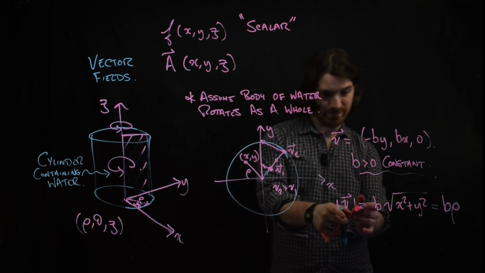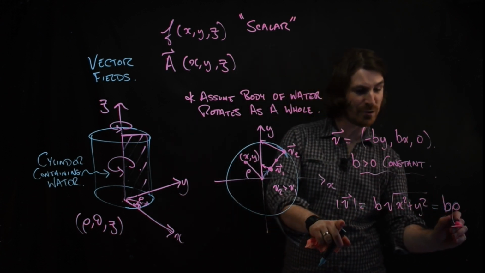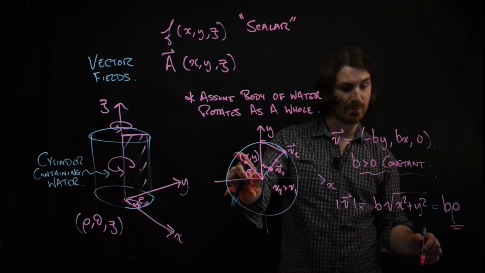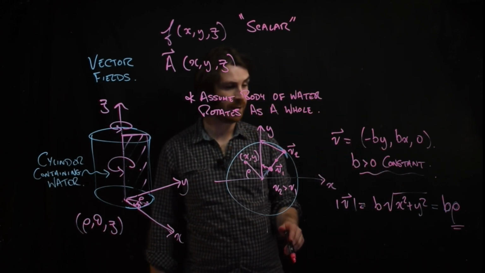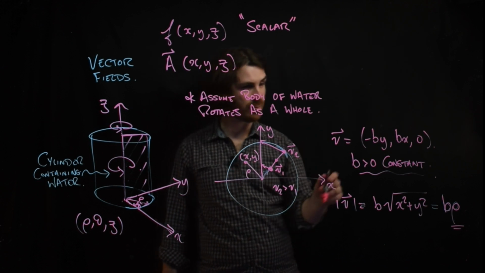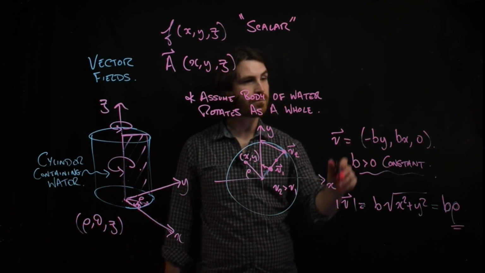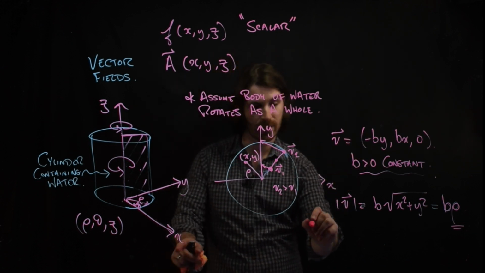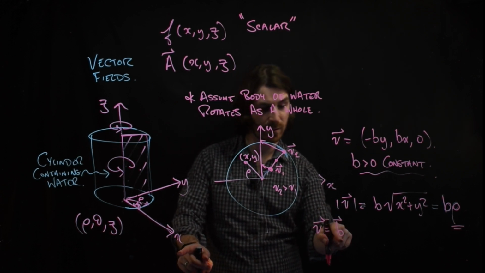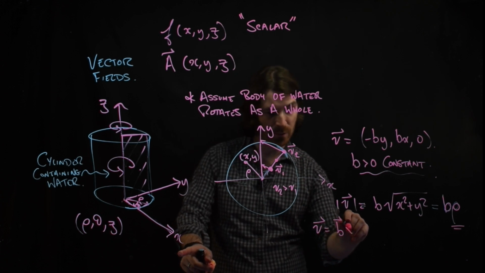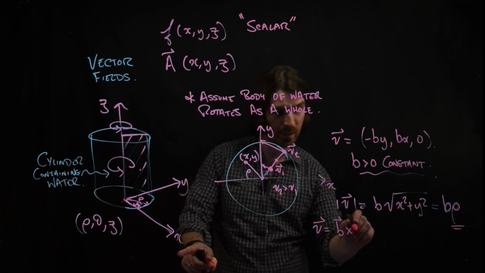So this tells us straight away that larger rho means greater velocity. And we can actually write this velocity in a different way. We can write v equals b, where b is now a vector, crossed with rho.